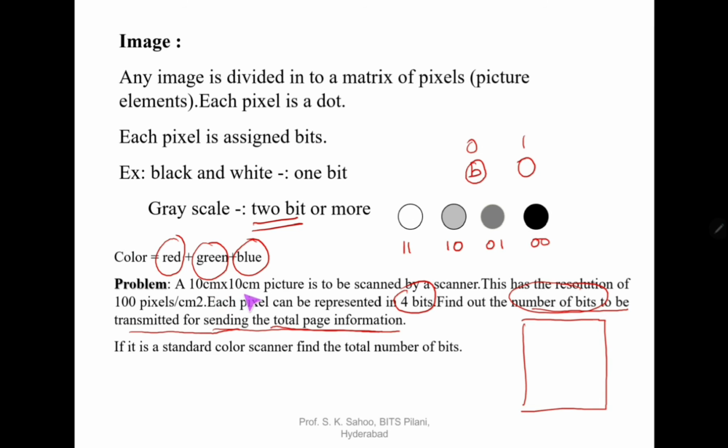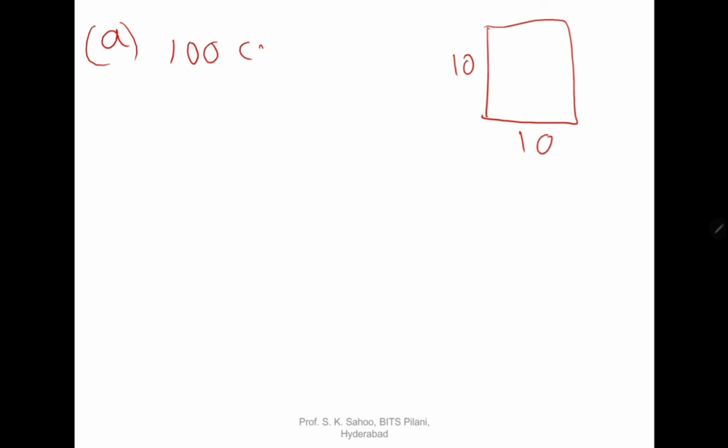First case, a 10 by 10 centimeter picture to be scanned by the scanner. Presently, the first case we are considering is black and white. And the second case is color with each color representing 8 bits. Okay, let us say case A, in which the size of the paper is 10 cross 10, so 100 cm square, right?